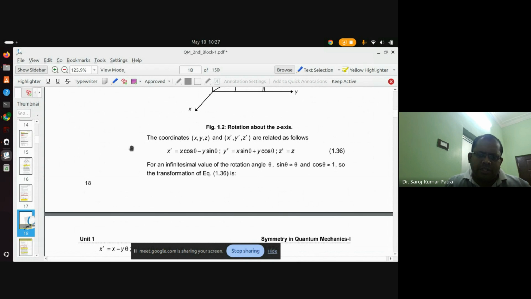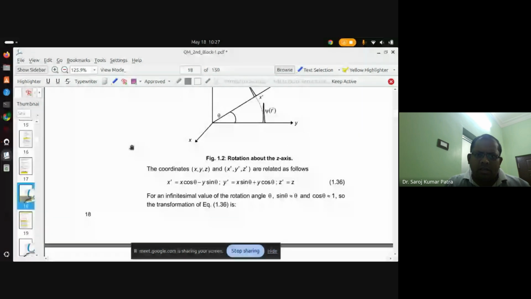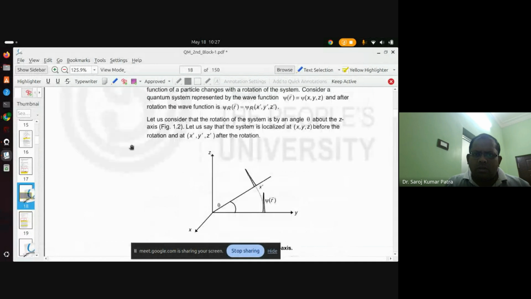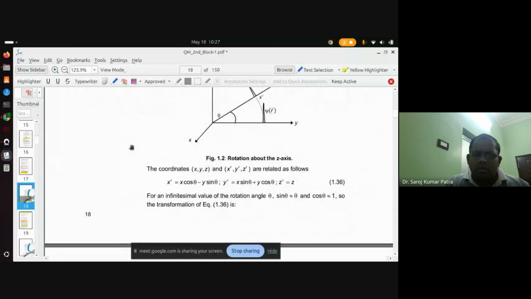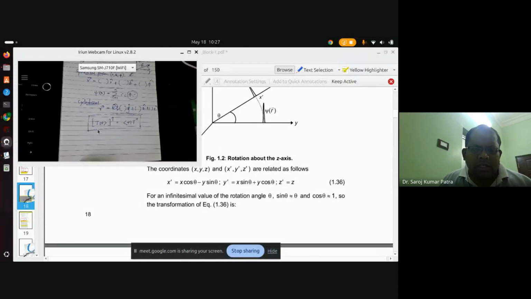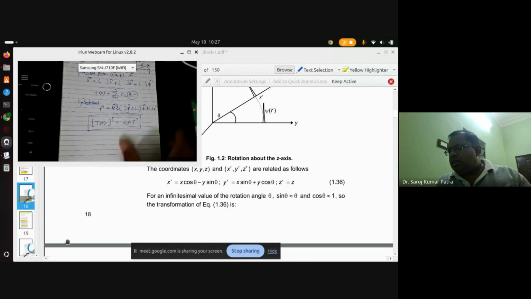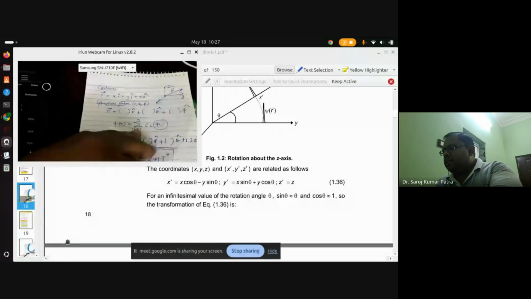If a system is rotated by an angle theta, how should the Euler matrix look like? Are you familiar with it? No, sir. Okay. Let me write it down. Later on in classical mechanics, also they will teach, or you can refer to your classical mechanics paper.